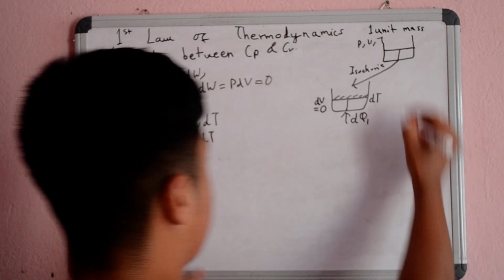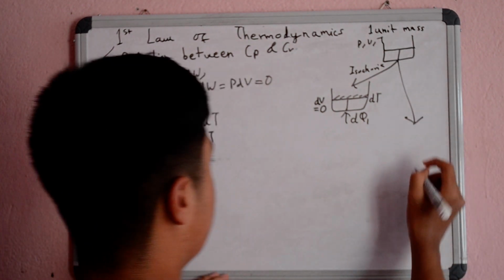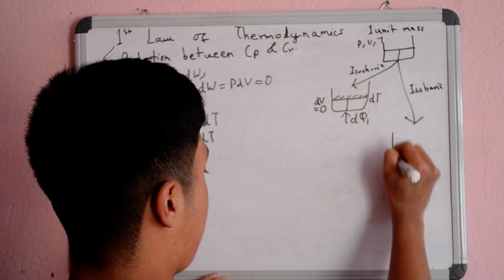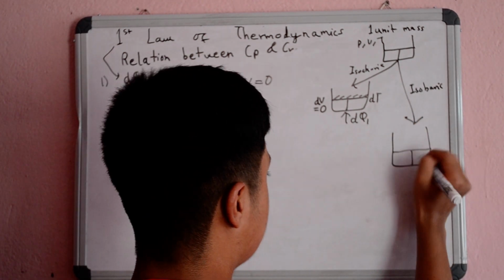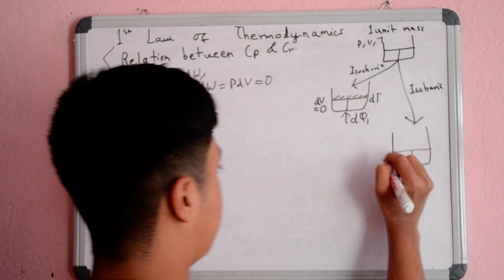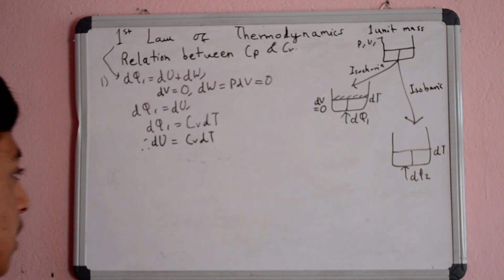Now let's say from the original system again, we have an isobaric process, and we have some heat supplied, let's say dq2, such that we have the same rise in temperature dT.